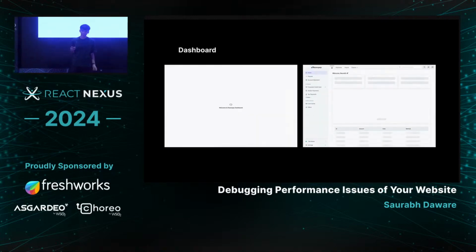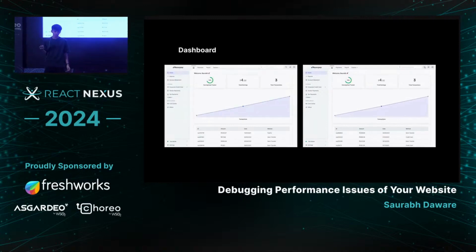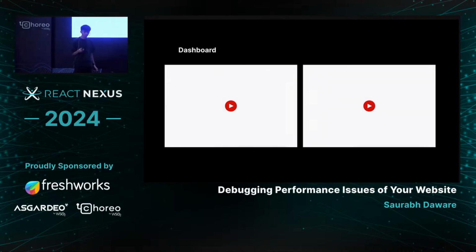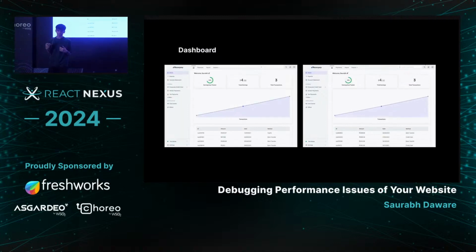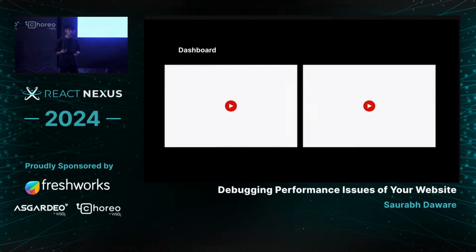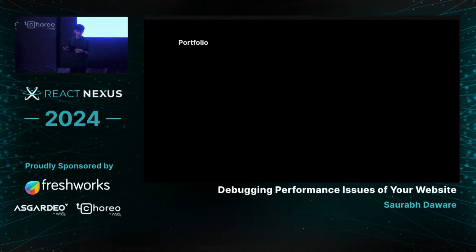It's already loaded because it might be static for a lot of you. It also has some animations. So if you look at the second one, you see things loading with some animations, and it's giving a better user experience to consumers. So although the first one might load a bit faster, the second one feels faster.